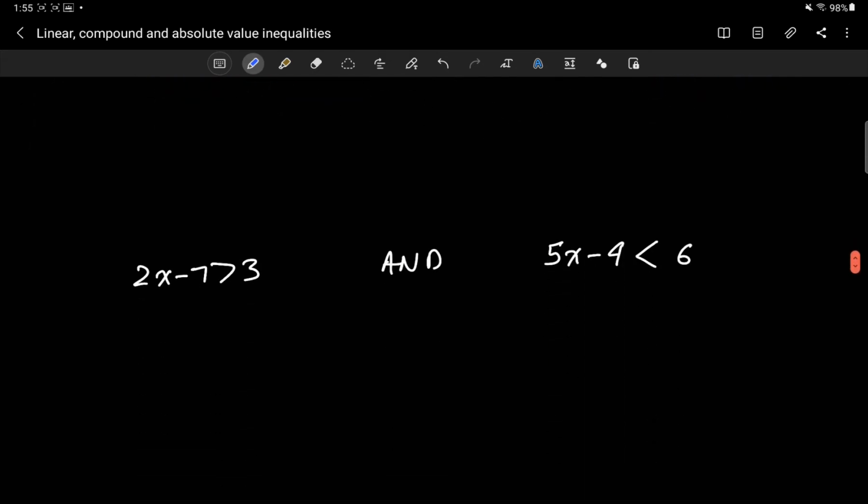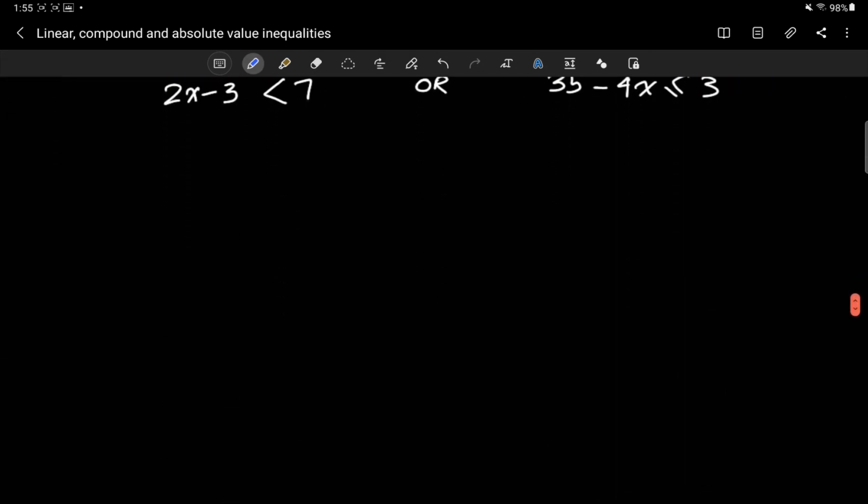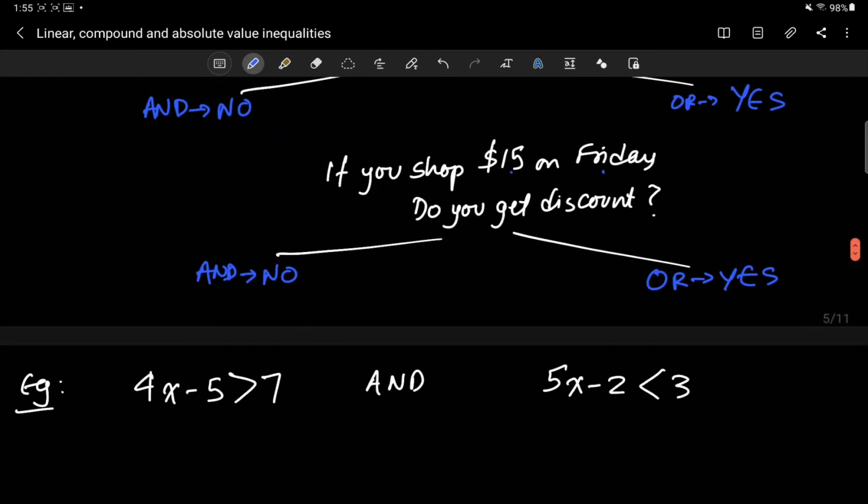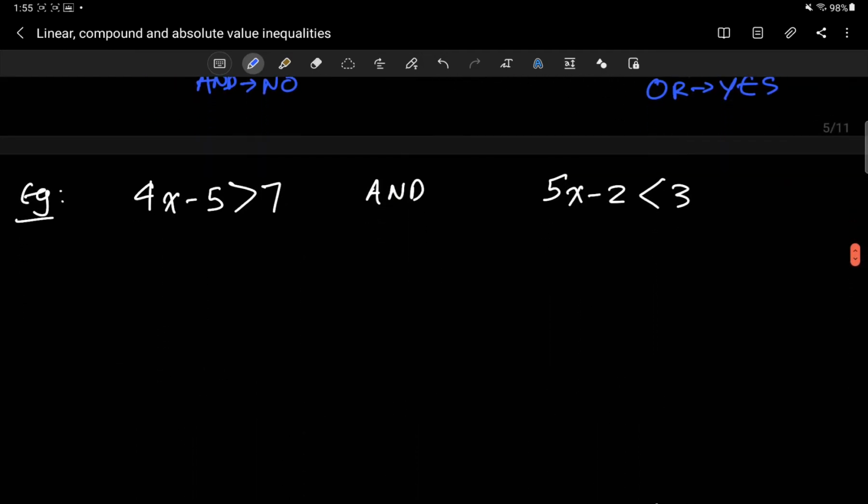Okay, let's look at two and examples and two or examples to clarify. So I add 5, I get 4x is greater than 12, divide by 4.